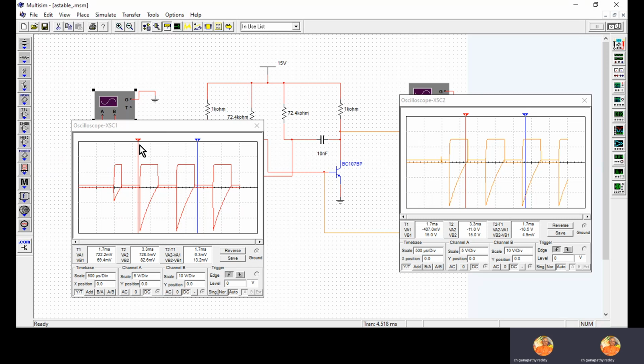Now what is the pulse width we designed? Kept this here, kept this here. It is showing 1 millisecond. So T2 minus T1 is 1 millisecond. Here also T2 minus T1, both the CROs. So 1 millisecond you can observe.